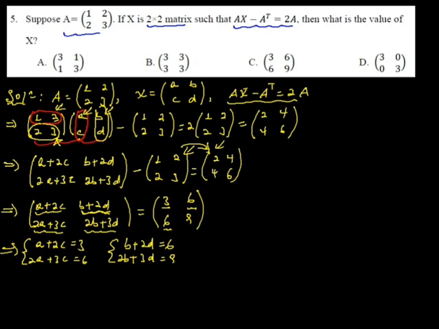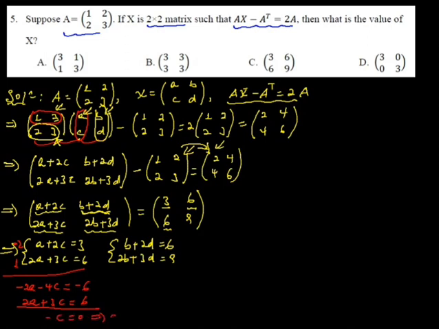So here, multiply the first equation by minus 2, the second one by 1, then you will get minus 2A minus 4C is equal to minus 6, and 2A plus 3C is equal to 6. So A will be eliminated, and minus C is equal to 0.